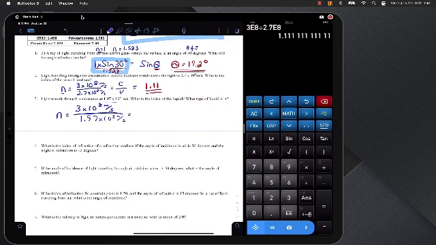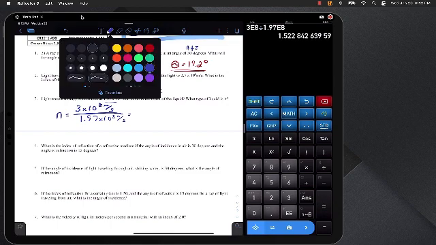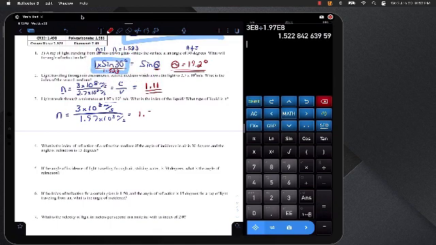Again, 3 EE8 divided by 1.97 EE8, equals 1.52, and I'm going to round it off to 1.523, and you'll see why in a second.